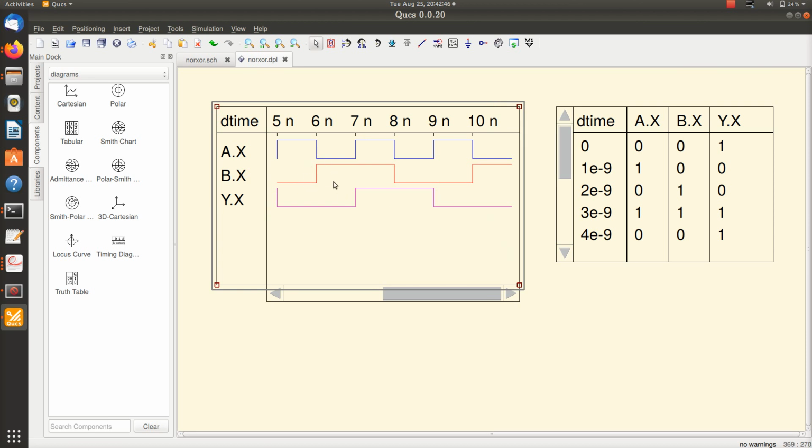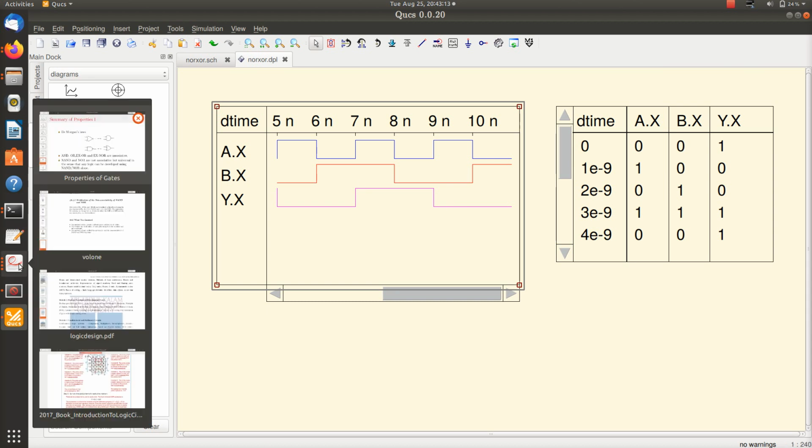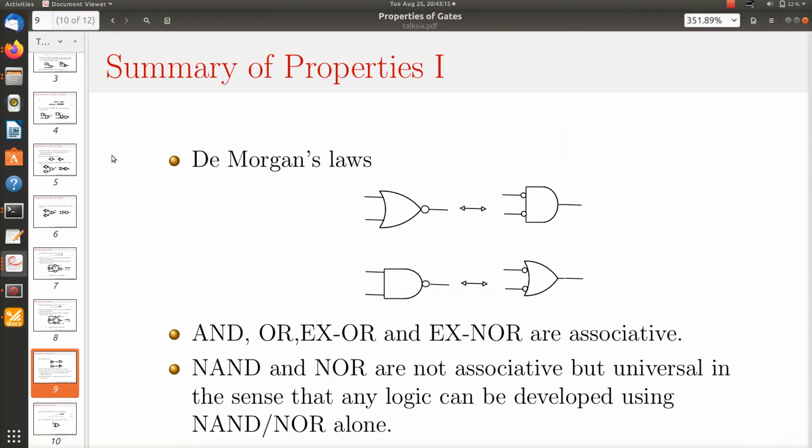When A and B are equal, its output is 1. If they are different, it's a 0. When it is 1, 0, it's a 0. When it is 0, 1, it's a 0. When it is 1, 1, it is high. When it is 0, 0, it is high. So now I have realized an exclusive NOR circuit with NOR gates alone. So I have demonstrated the universality of NAND and NOR gates. Now let me go back to my presentation.